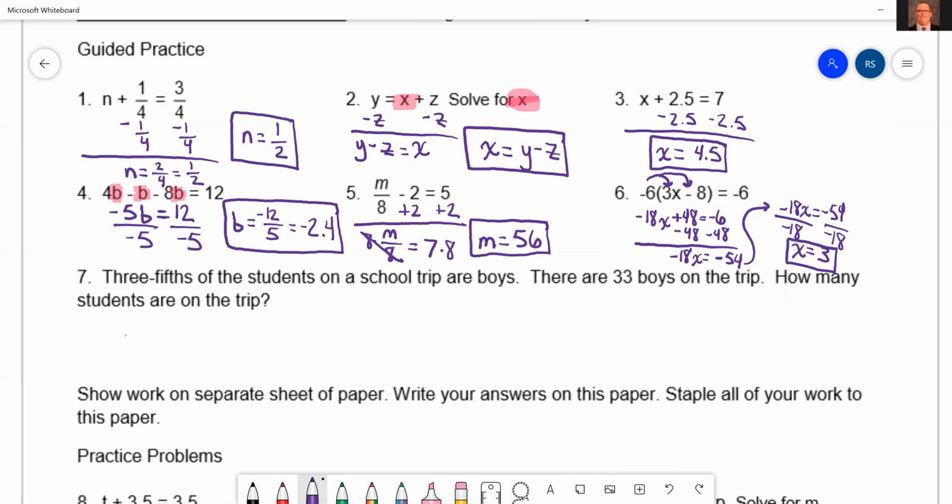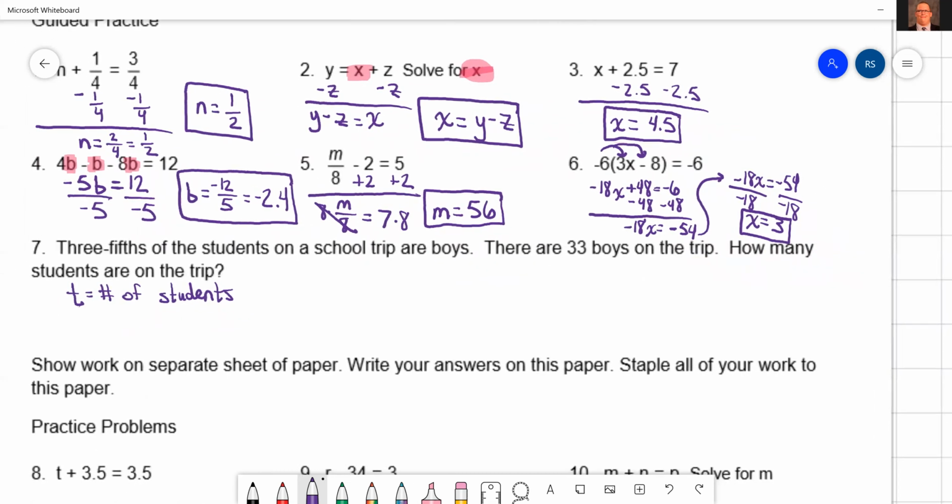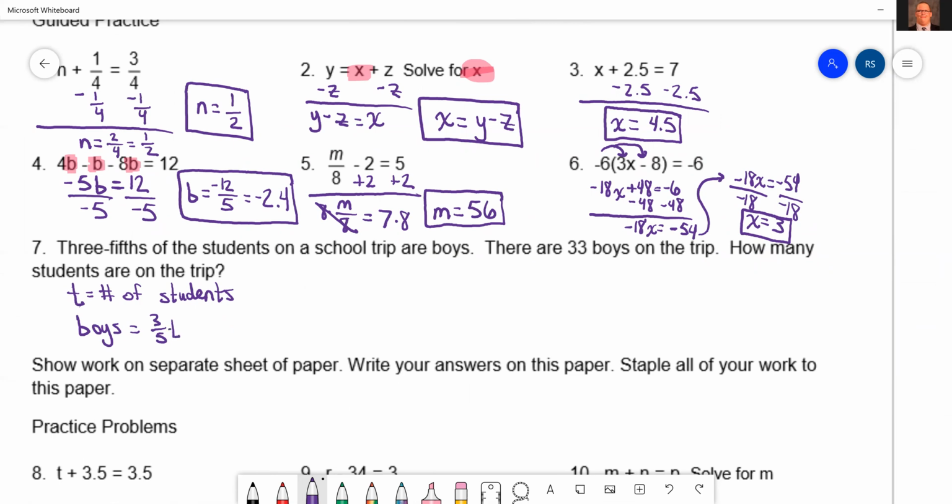So let's use T. T equals number of students. It says 3/5 of those are boys. So what that tells us is boys is 3/5 of T.